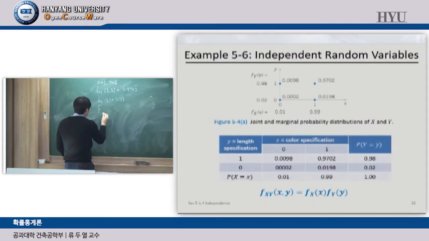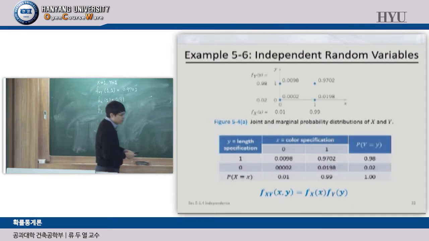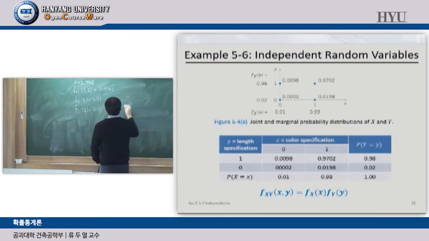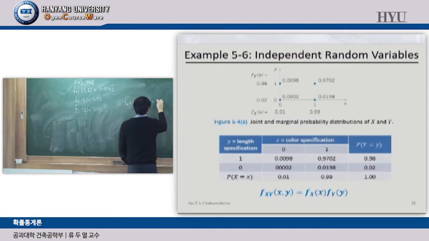And the marginal probability mass function of y when y is equal to 1 is 0.98 here. So the multiplication of the marginal probability mass functions of x and y will be 0.99 times 0.98.